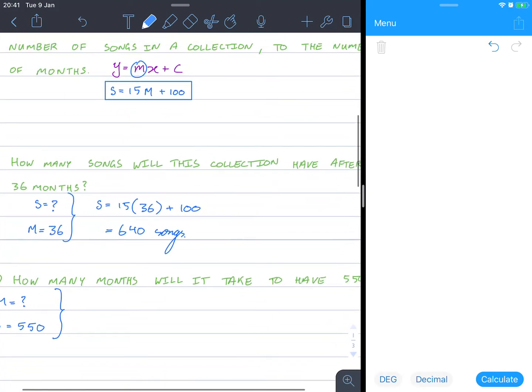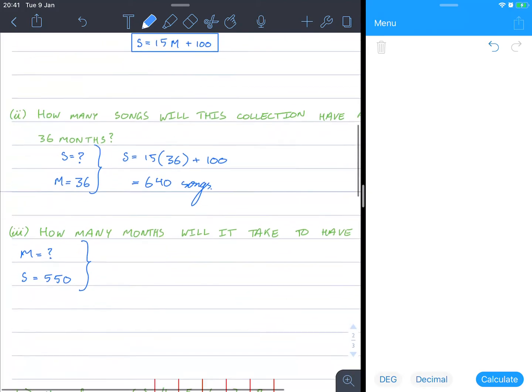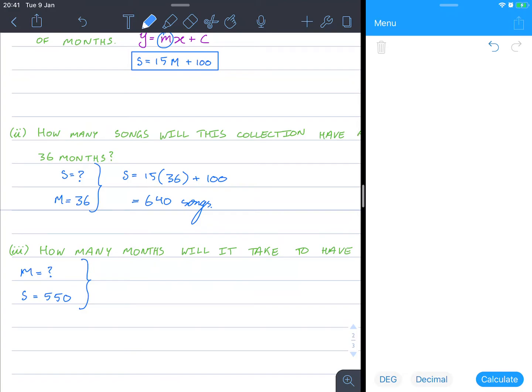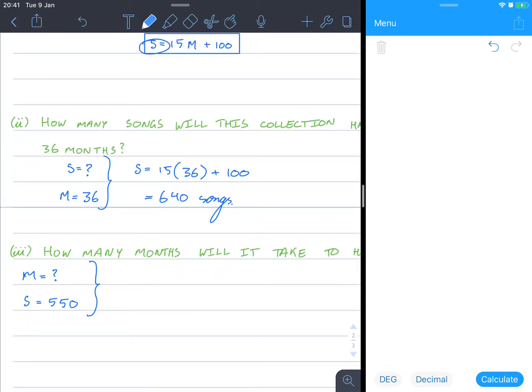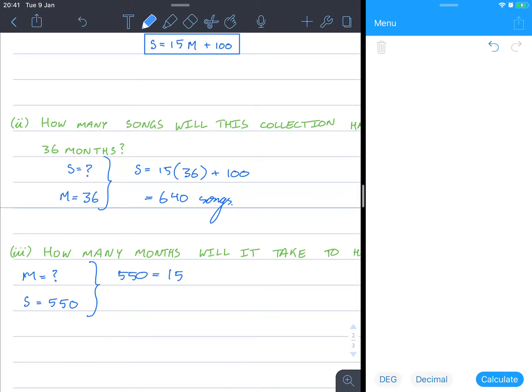Substituting these values into the linear relationship that we've calculated, it's going to be s is equal to 550 is equal to 15m plus 100.